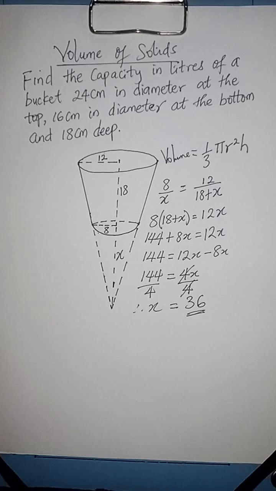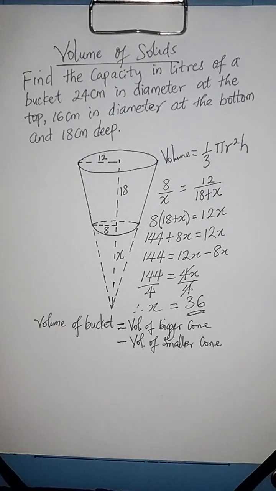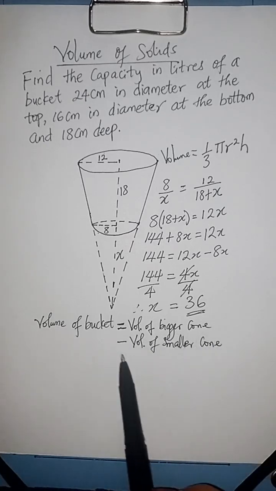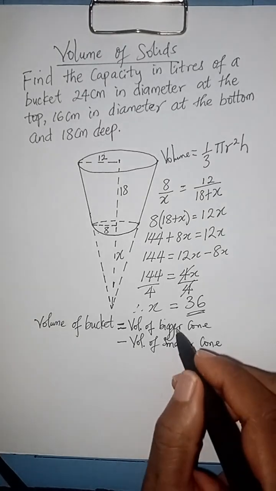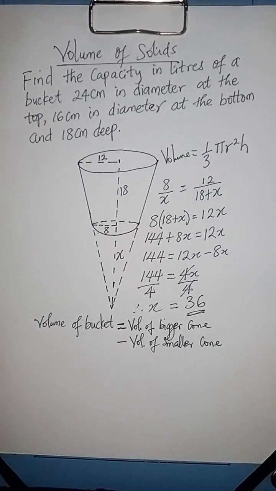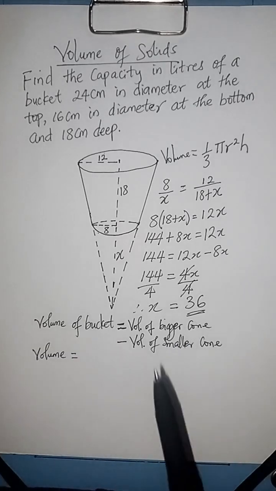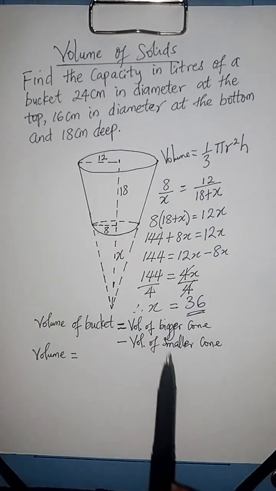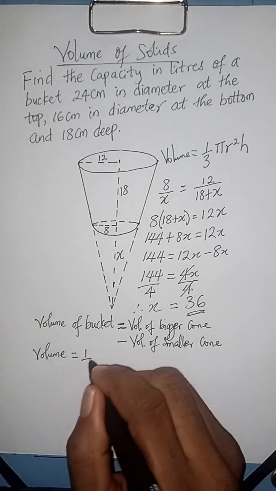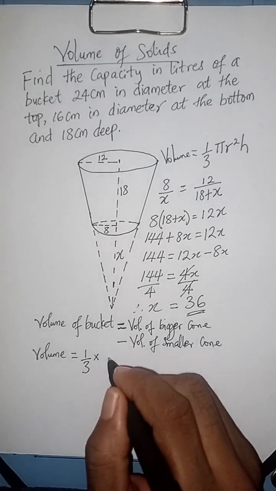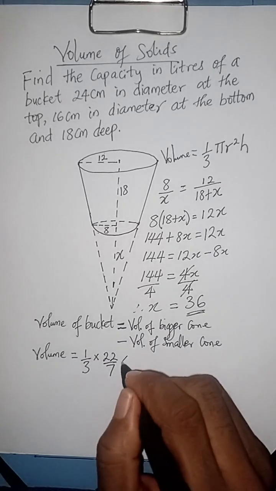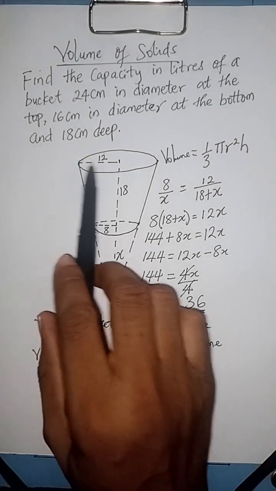Now with this, we can solve for the volume of the bucket using the formula: volume of bucket equals volume of bigger cone minus volume of smaller cone. So this is bigger. Now remember the formula for the volume of a cone is 1/3 pi radius square height. So for the bigger cone, it's going to be 1/3 multiply pi, and pi is 22/7 in this case, multiply the radius of the bigger cone. So the radius is 12.